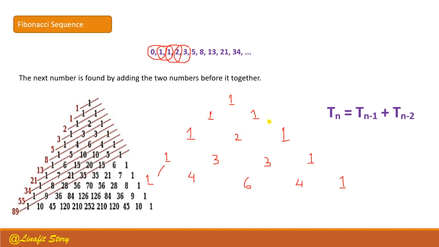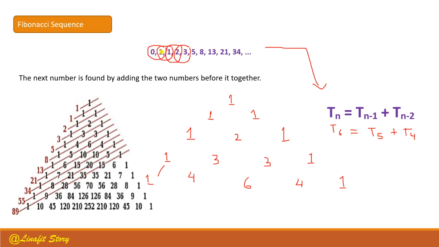So the general rule for the Fibonacci sequence is Cn is equal to Cn minus 1 plus Cn minus 2. For example, for this sequence, we will find C6. To get C6 is C5 plus C4.